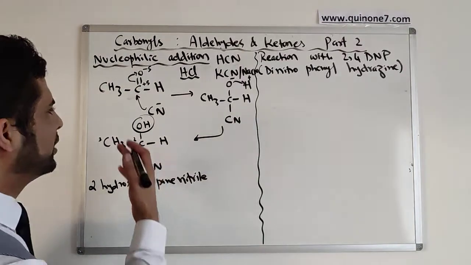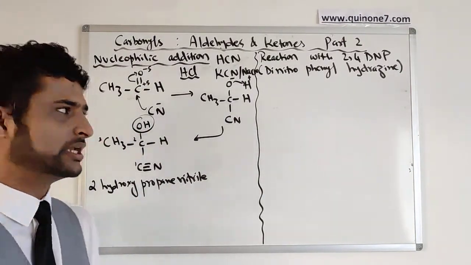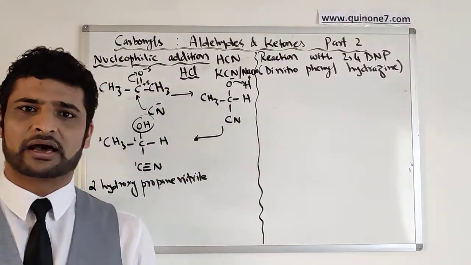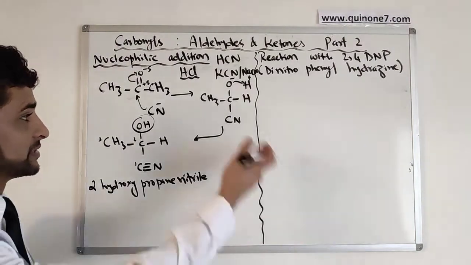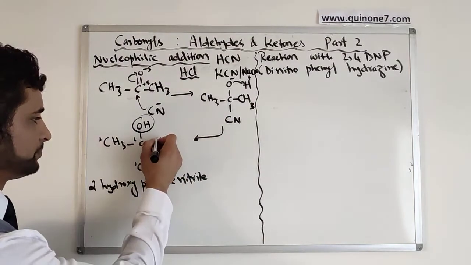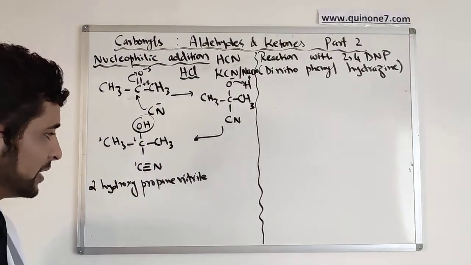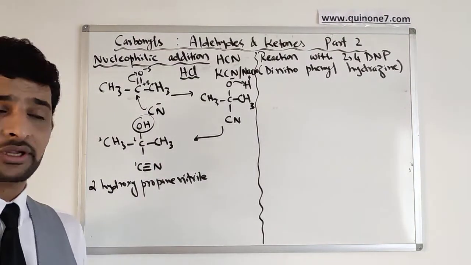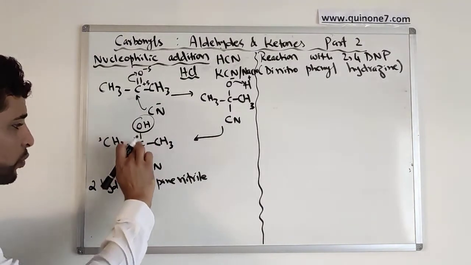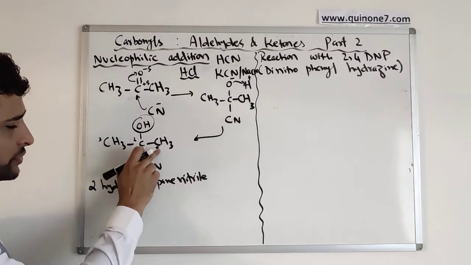Now, if I replace this aldehyde with a ketone reacting with NaCN or HCN, what will happen then? I will put just a CH3 there, a propanone. Propanone is going to react under the same conditions. All you have to do is replace that hydrogen with the CH3, and you will get this molecule at the end. They undergo nucleophilic addition, and this time you count 1, 2, 3, starting from the nitrile.